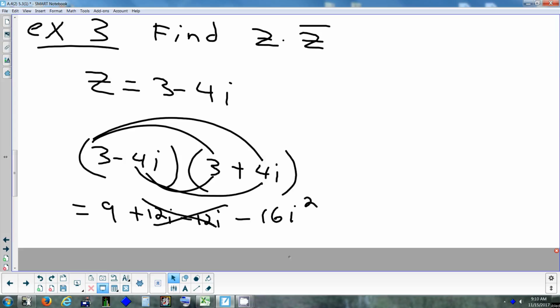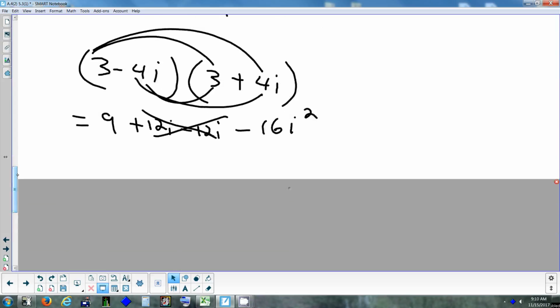Okay. So that's gone. That always happens with conjugates, right? So you don't need to bother doing the outer and the inner. I mean, you can, but that's going to happen every time. They're going to cancel out. All right, so let's see what we have left. 9 minus 16 times i squared. But what's i squared again?